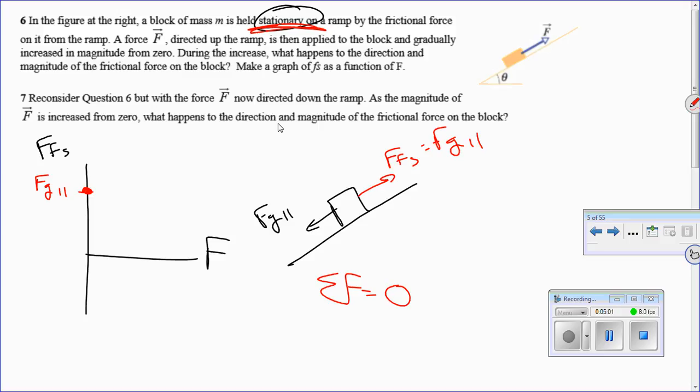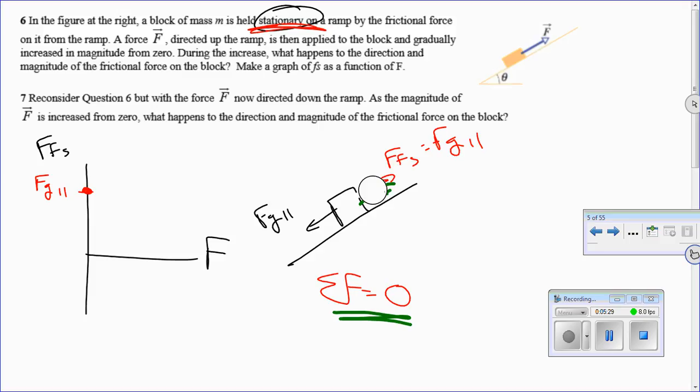All right, now, here's F. So if F gets bigger, keeping in mind that my net force needs to stay 0, what's going to happen to the force of static friction? It's going to get smaller, right? So it's this, right? Okay? So at what point, as my F gets bigger, eventually you're not going to need static friction anymore, right?